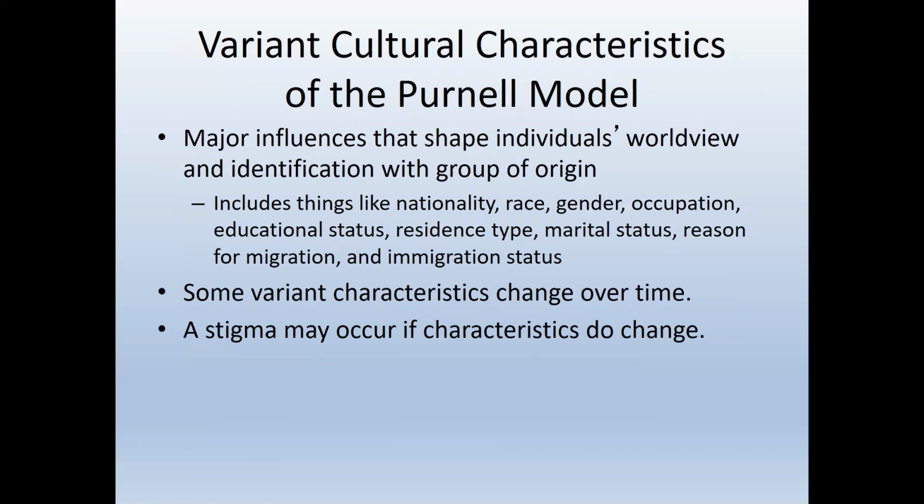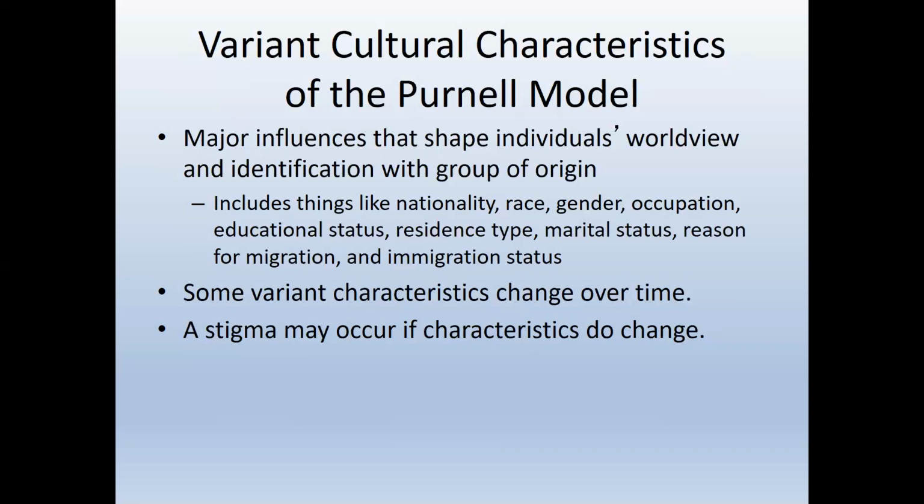All of these have an influence on an individual's worldview and the group that they identify with. Some variant characteristics change over time, and stigma may occur if characteristics do change. So sometimes people are in and out groups within a particular culture because of changes in characteristics.